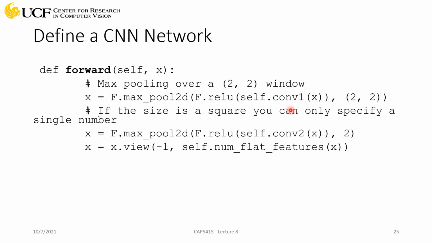So a question from Daniel: just curious, do you prefer torch.view to torch.flatten? If so, why? I will say it's your coding style, both are fine. View actually gives you more flexibility, right?